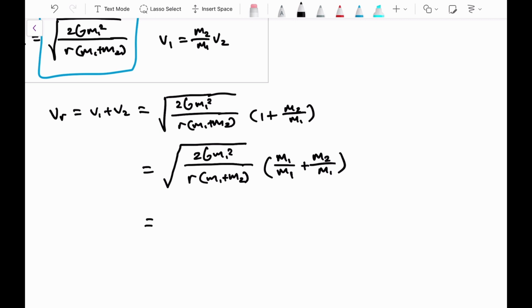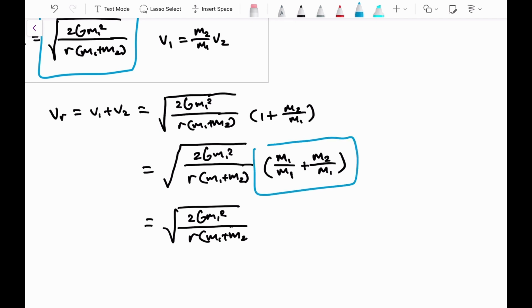And so what happens right now is that this thing becomes m1 plus m2 over m1, and we can essentially write this as m1 plus m2 squared over m1 squared.